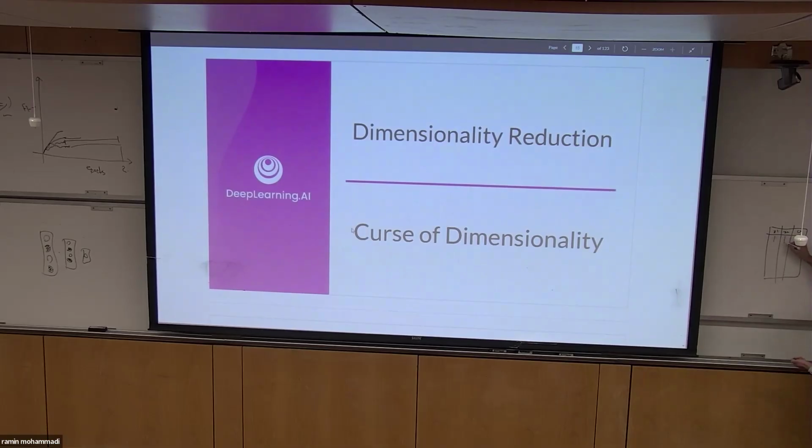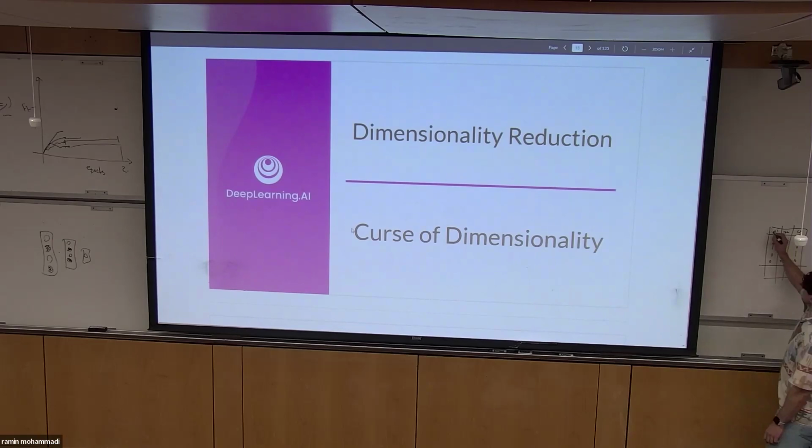So I have 1,1, 1,0, 0,1, 0,0. That's the maximum combination, right? In order to learn this classification, I only need 4 data points. I see all the combinations.